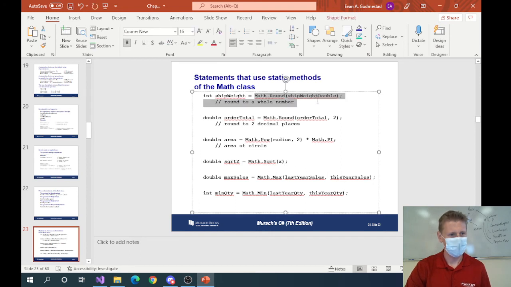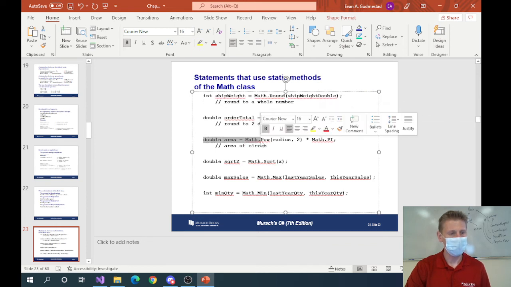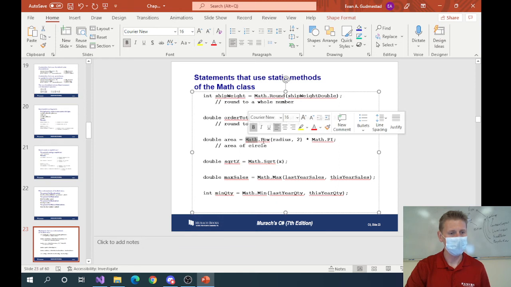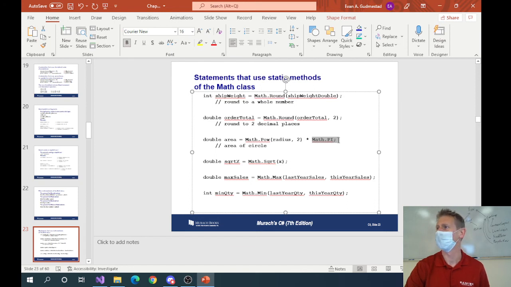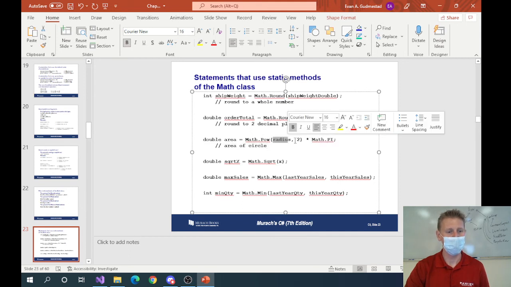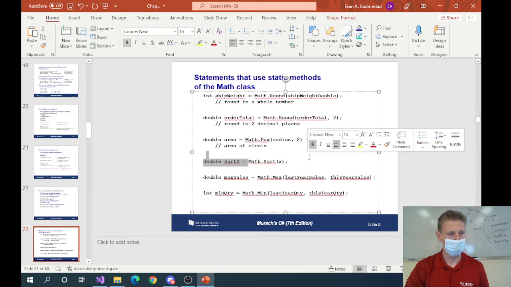Round to a whole number, round to 2 decimal places. Area of a circle, right? Area of a circle is Math.Pi times radius squared. Square root.